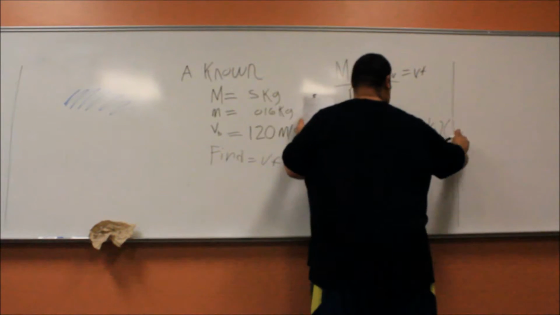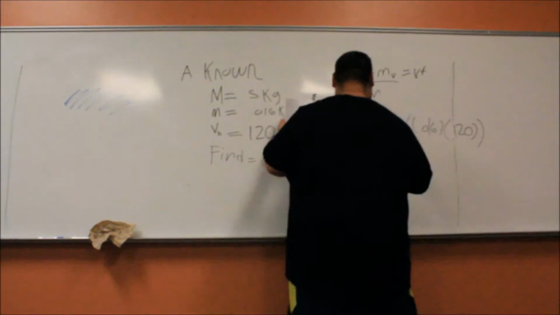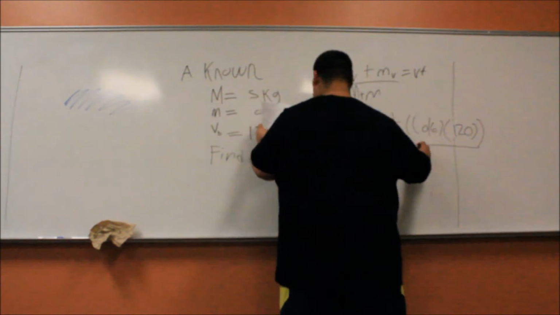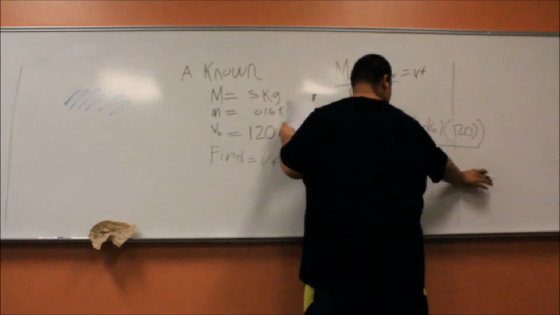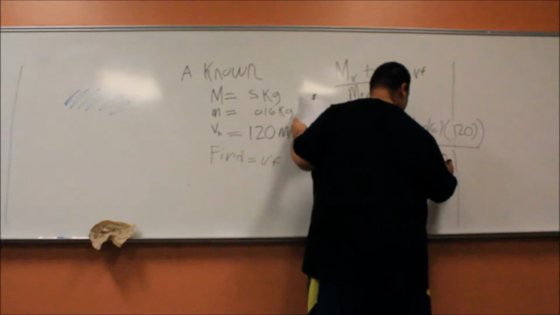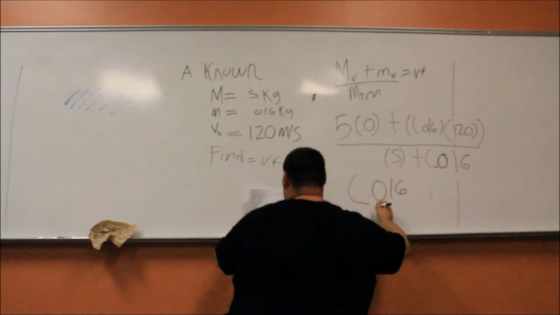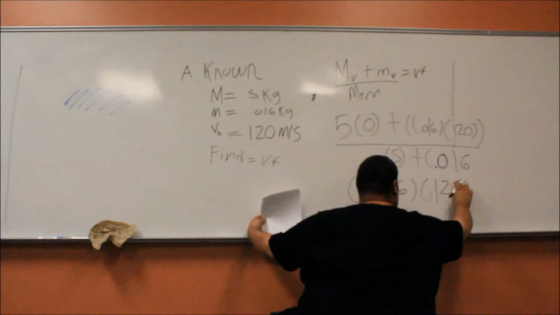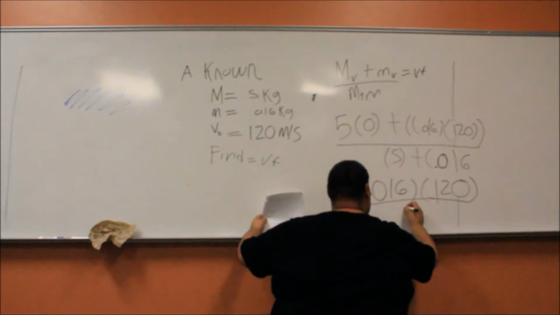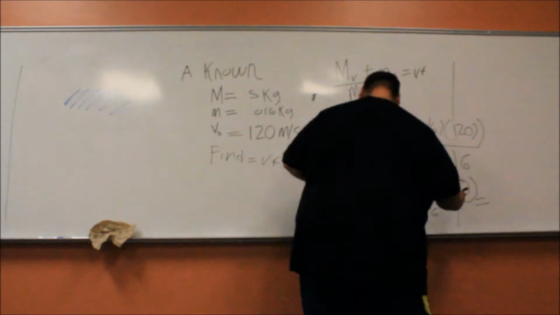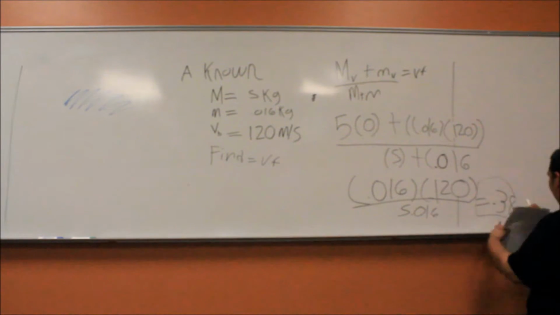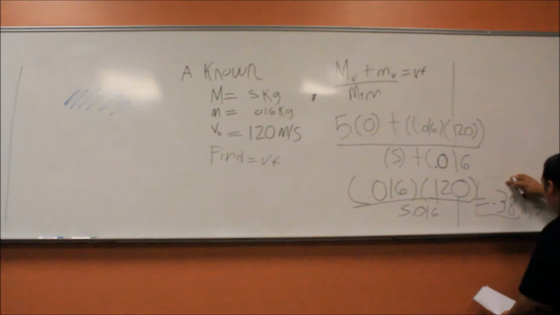Five times 0 plus 0.16 times 120 divided by 5 plus 0.016 gives 0.38 meters per second.